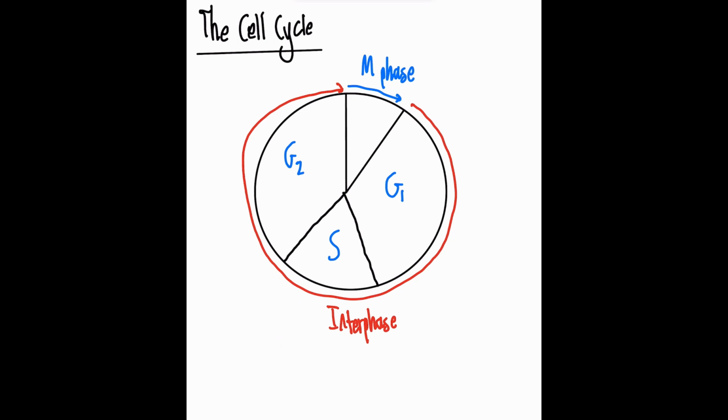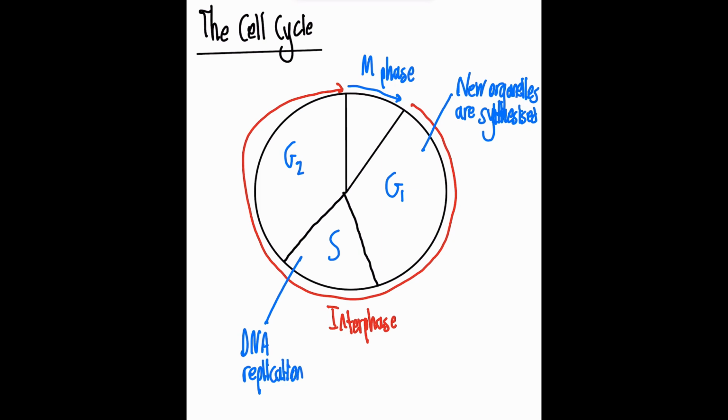So, in Form 4 level, you don't really need to know too in depth of what each of the phases do. So, you just need to know a key point from each of the phases. In G1, new organelles are synthesized. In the S phase, DNA replication occurs.